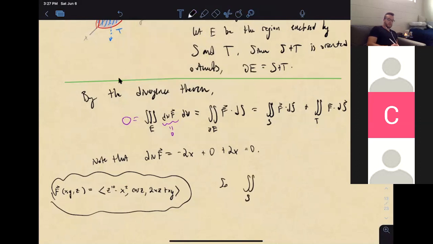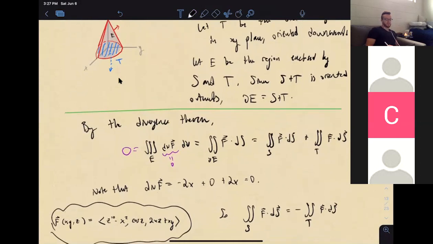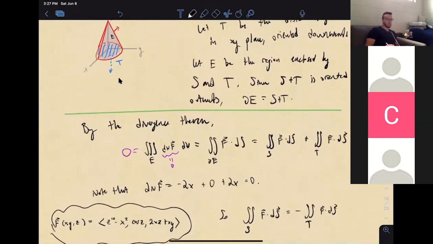So the surface integral of F over S, which is ultimately the thing that we care about, is negative the surface integral over T. And I think, as Seth pointed out earlier, the point here is that doing the surface integral over T is probably going to be a whole lot easier, because on this disk, z is 0.